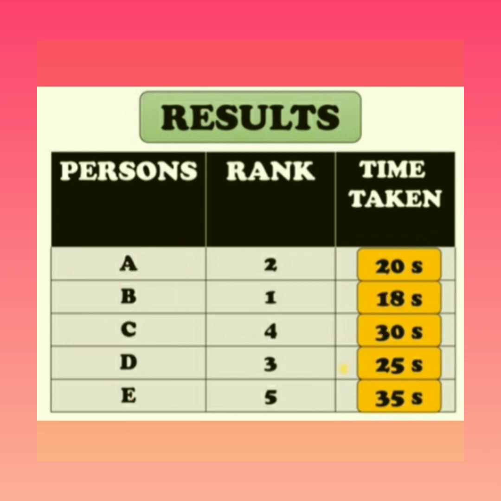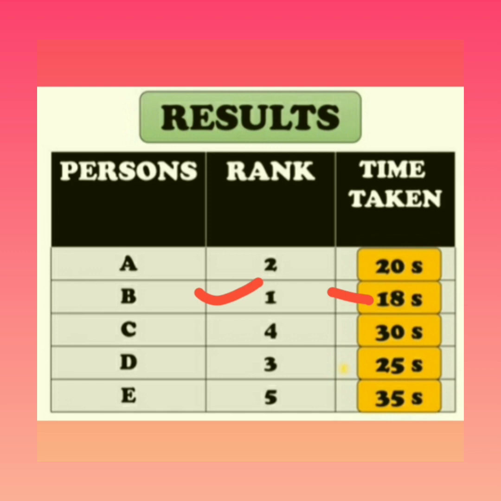Means in the shortest period of time, see, 18 seconds. Babita, person B, takes only 18 seconds to complete her 100-meter race. So she stood first in rank. Then who will be the second one? He's 20 seconds.